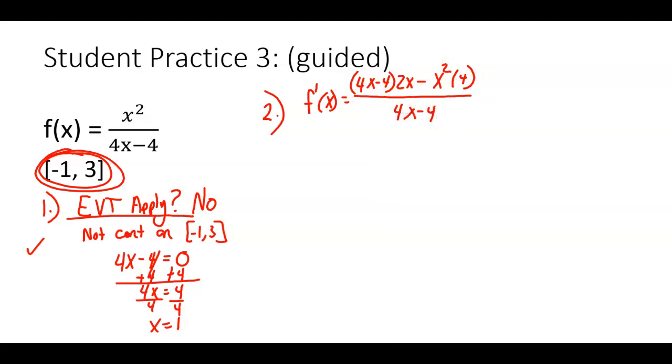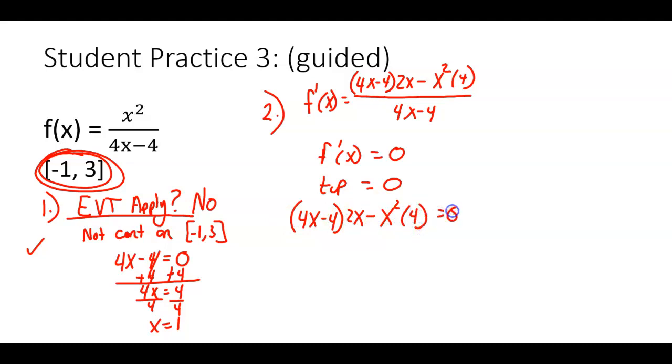Okay. Now what we have to do is remember how we said that for number 2, if you want to find out where the derivative is equal to 0, you're going to set the top equal to 0. So it's going to be that.